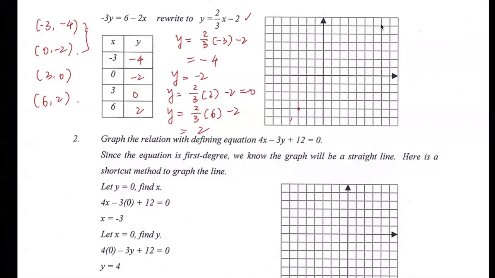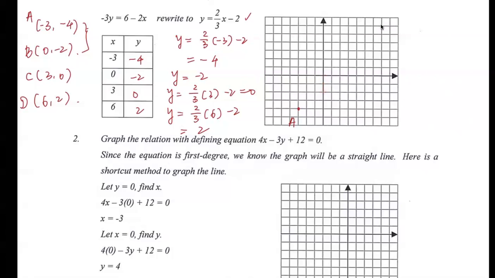Okay, so let's call this A. Let's call these A, B, C, D. Point B has coordinates of 0, minus 2. So again, we go from here. x is 0, so it's on the y-axis. And then we go down. Minus 1, minus 2.